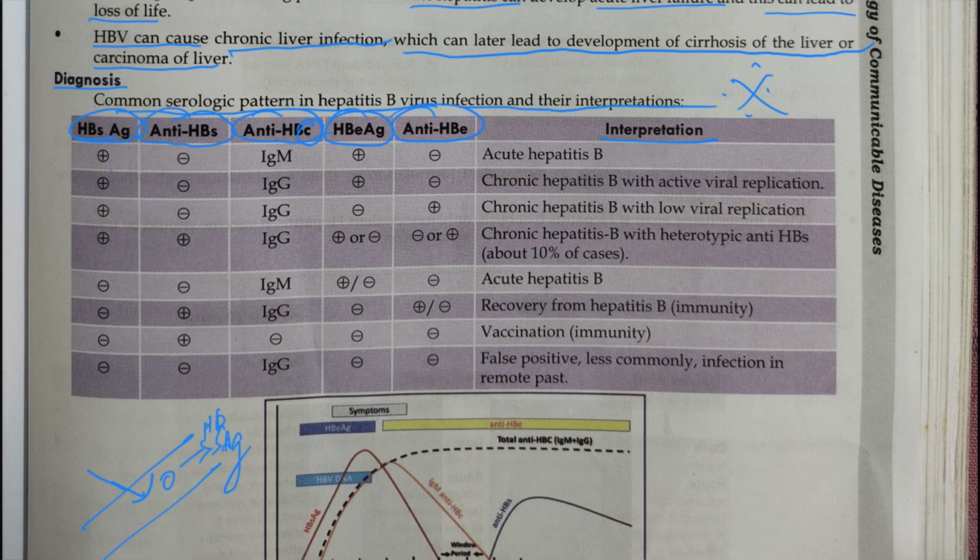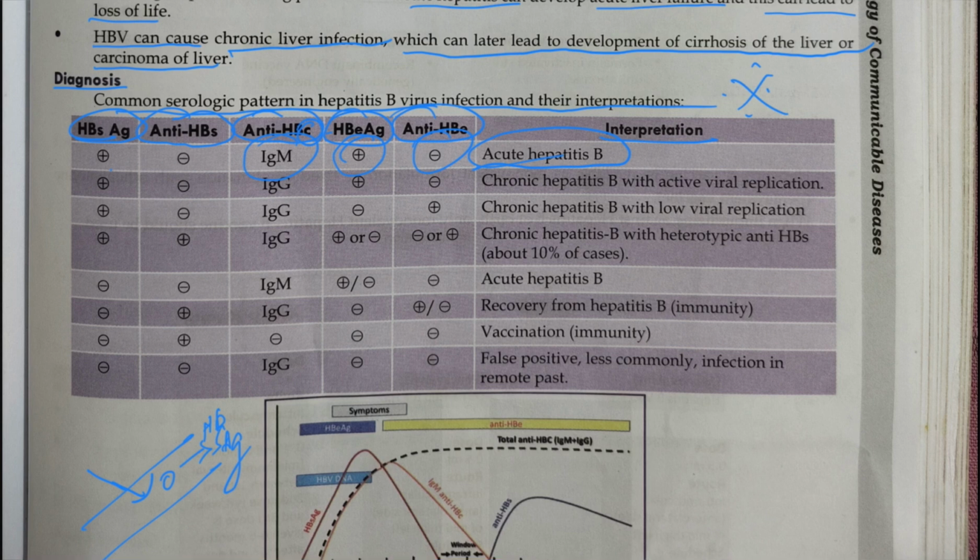HBc antibody will be secreted before HBs antibody, and IgM will be present. Next, HBe antigen also will be seen, but its antibody won't be seen. The only antibody seen at the beginning is HBc antibody, then it is acute hepatitis B. Understand this, and based on this, let's see the remaining.